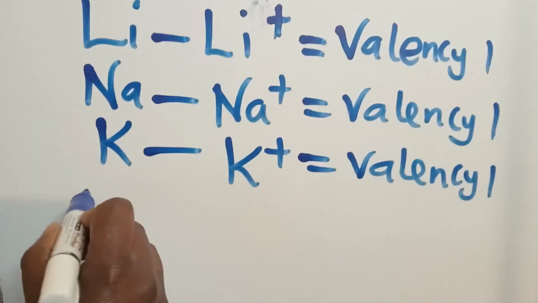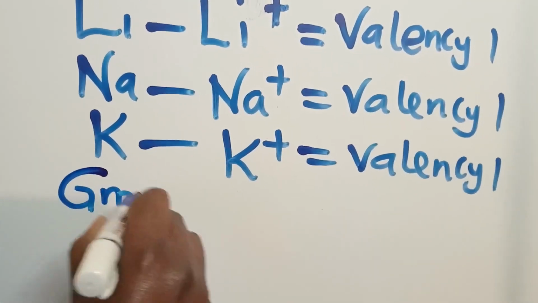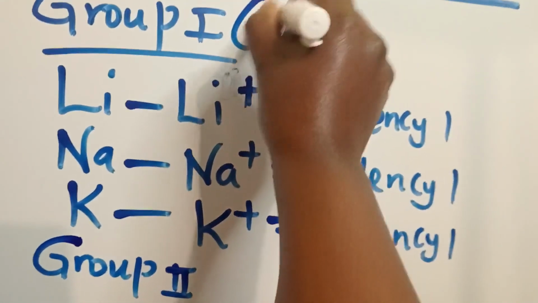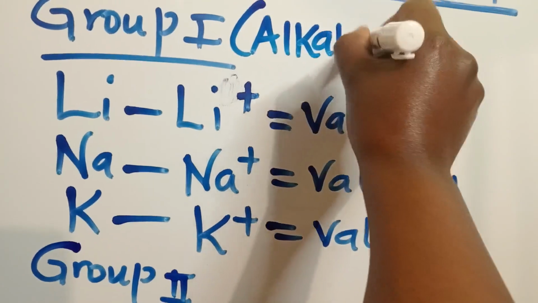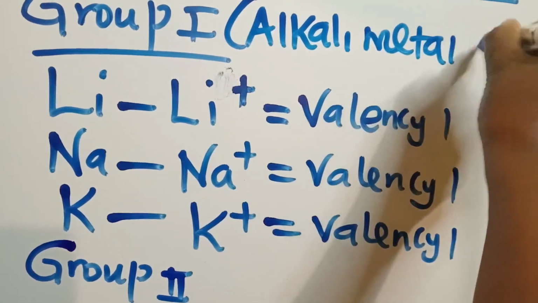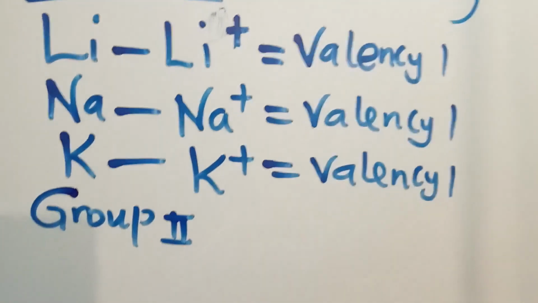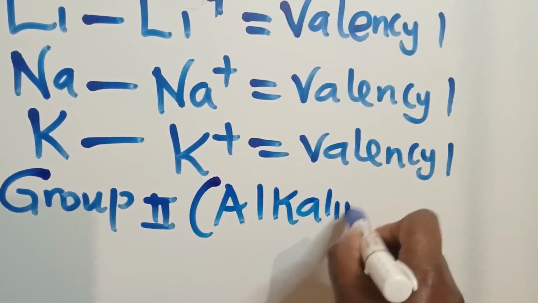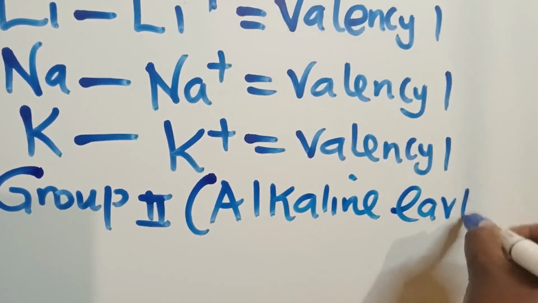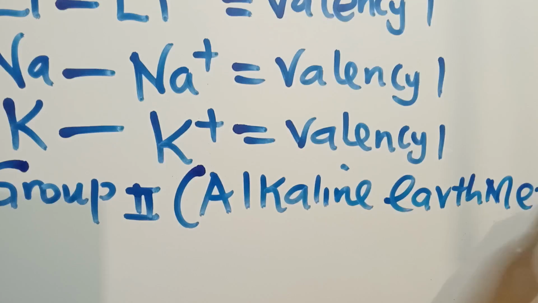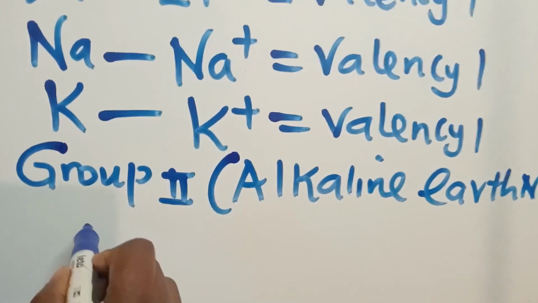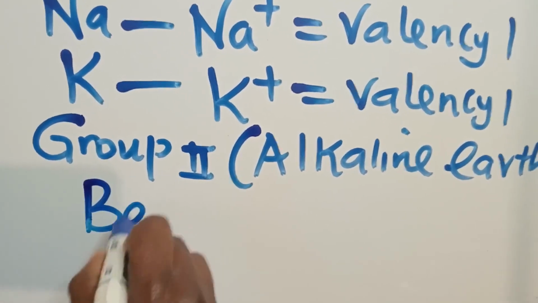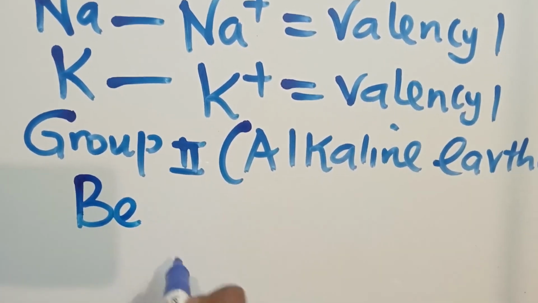So then we go to group 2. Remember, group 1 are the alkali metals. Group 2 are the alkaline earth metals. So among the first 20 elements, we start with beryllium as an atom.